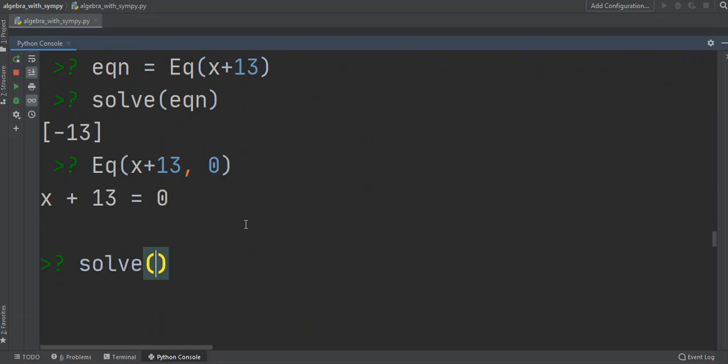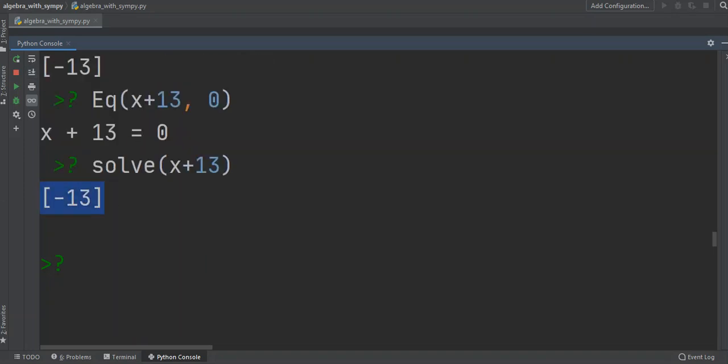And then a similar thing is true for solve, though with solve you're not going to get the angry text. If you do solve of x plus 13 and you don't specify an equation, you could certainly do solve EQ x plus 13 and it'll work, but you don't need to. You can just do solve x plus 13 and it's going to read it as solve x plus 13 equals 0 without having to specify this EQ.